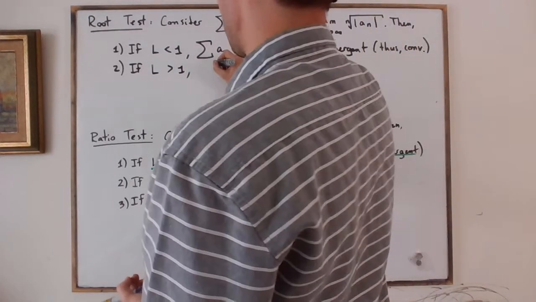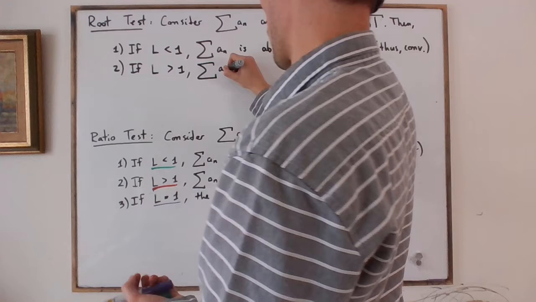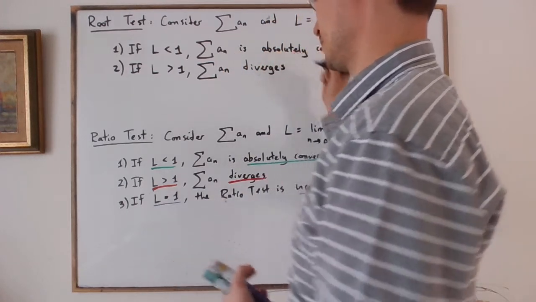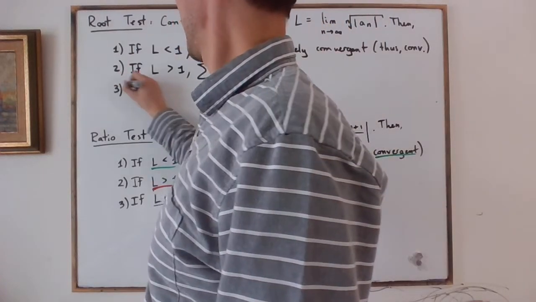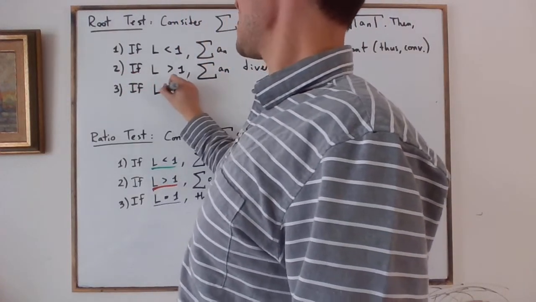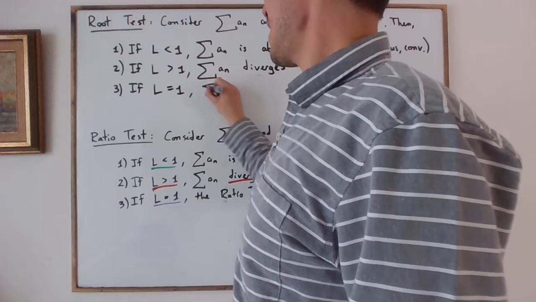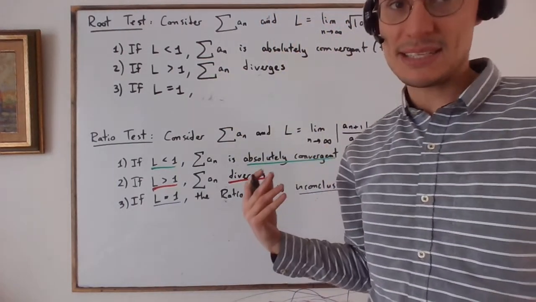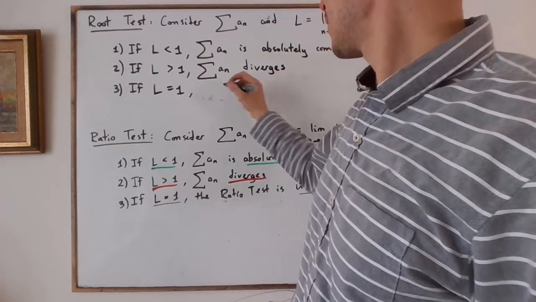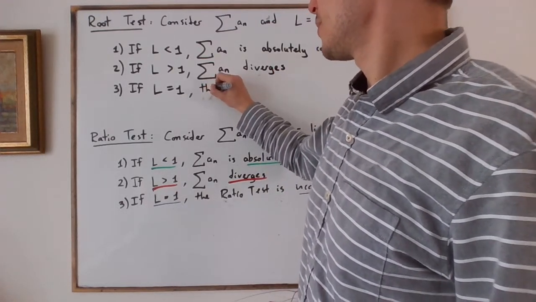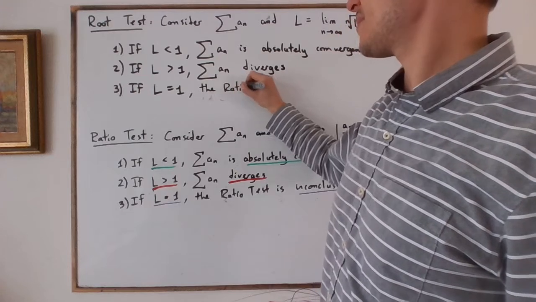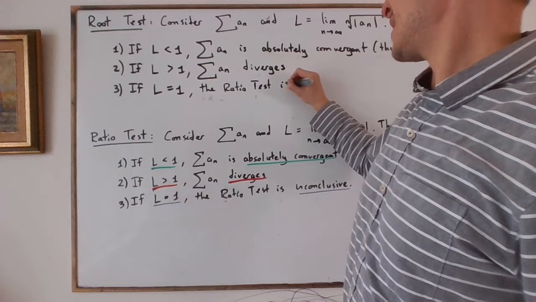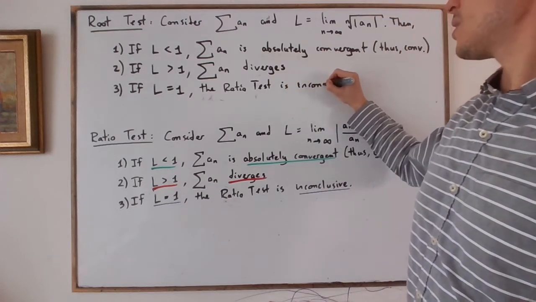If you have the limit to be infinity, it also works. It diverges. Now, if L is exactly equal to 1, but this also includes the case in which the limit simply does not exist, the root test is inconclusive.